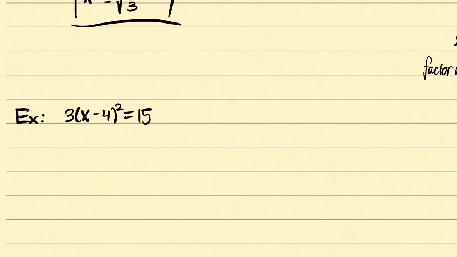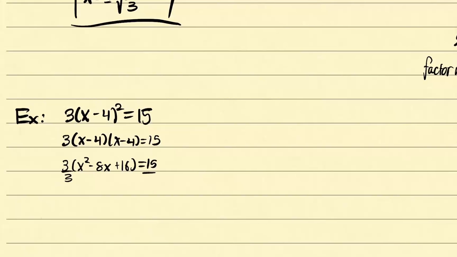Distribute the 3. Yeah. So maybe not quite distribute the 3, but start simplifying things. This is the same thing as x minus 4 times x minus 4 equal to 15. This is 3x squared minus 8x plus 16 is equal to 15.